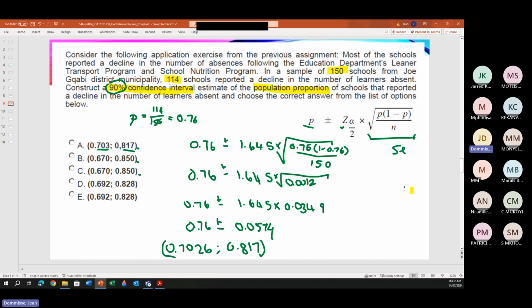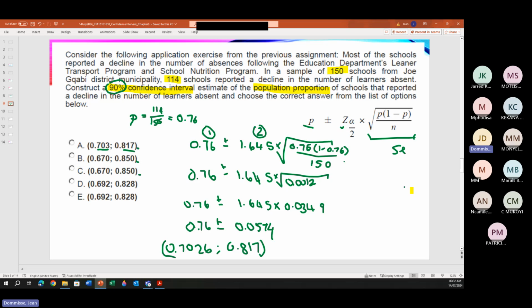Okay, so again, following the process, we've got the proportion, we've got the confidence interval. Because it is proportion, we know that here we don't need to worry about a T or Z. Proportions is always working with a Z table.